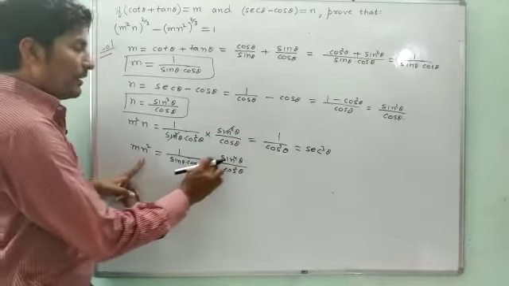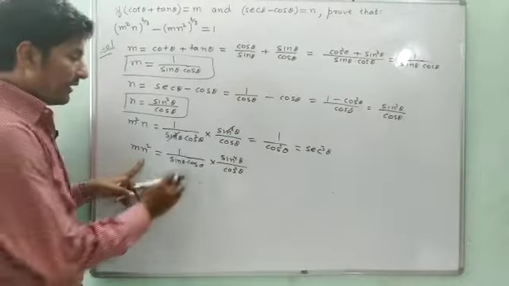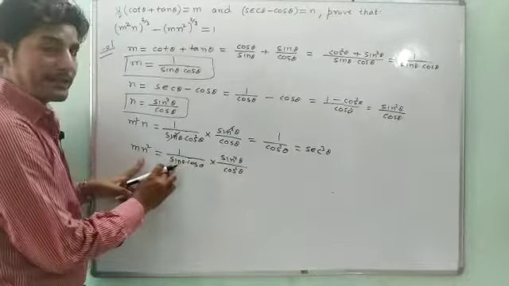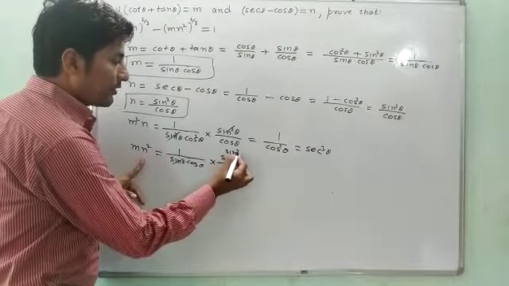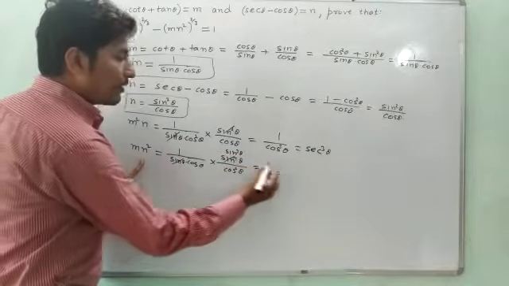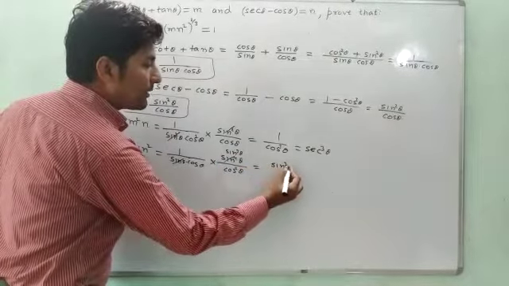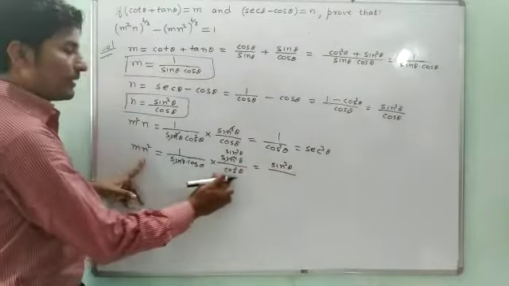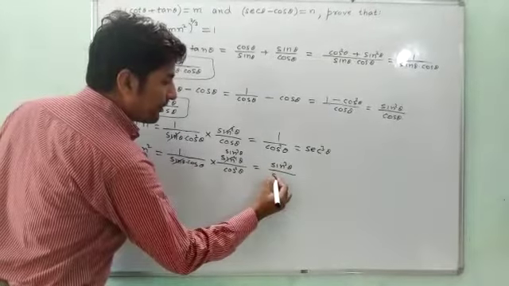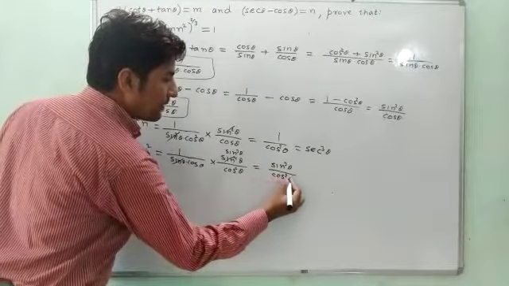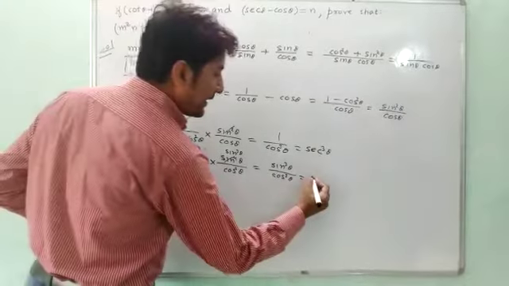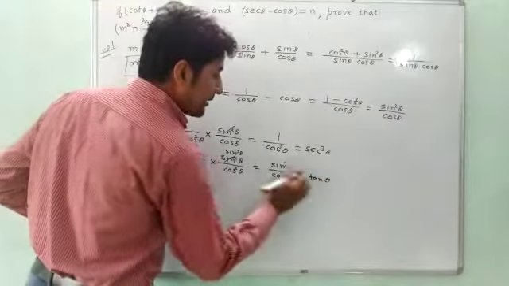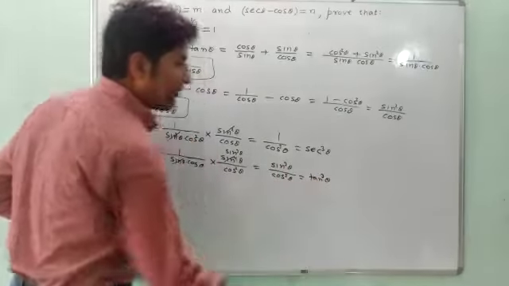If we divide sin to the power 4 theta by sin theta, we will have sin cube theta. So in the numerator we have sin cube theta, divided by cos theta into cos square theta equals cos cube theta. As we know, sin upon cos equals tan theta. So we can write here tan theta, and since cube is there, we write cube also.